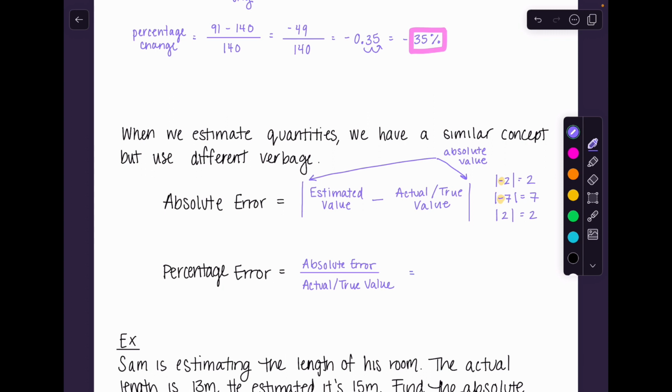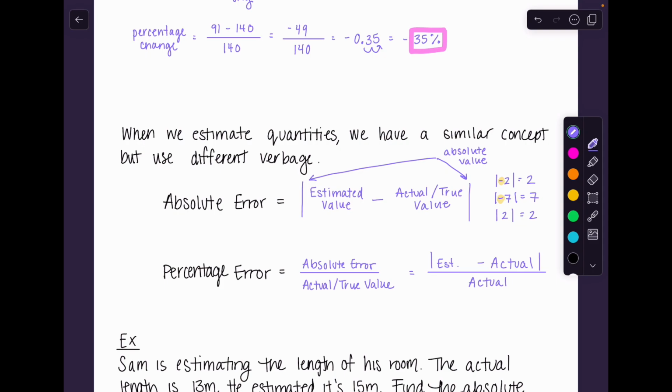To put all of these pieces together as a large formula, you take the estimated value, subtract the actual, and divide it by the actual. And then we put these absolute values to guarantee that the thing we have is positive.